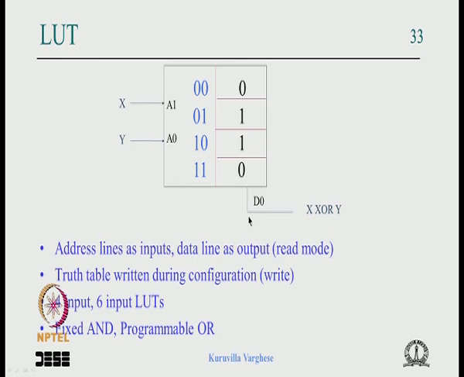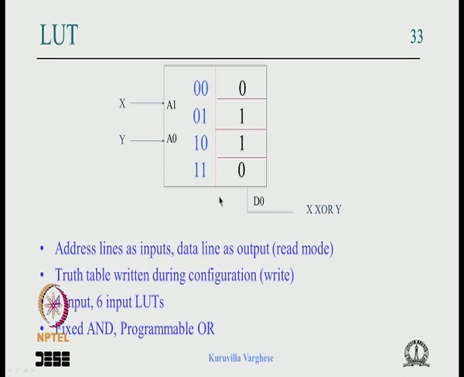The data line is taken as the output, z equal to x or y. Now you give 0 0, then it goes to the 0th location and you get 0; 0 1 goes to the first location, 1; 1 0, second location, 1 on the data line; and 1 1, third location, 0. So you get the picture.